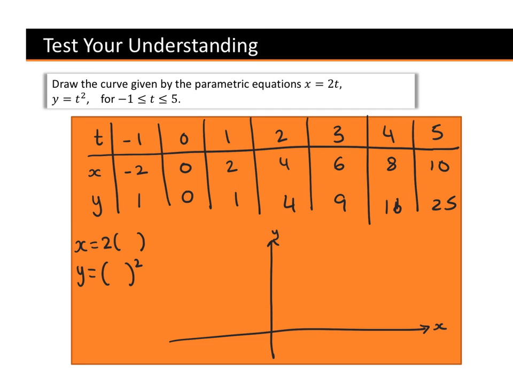And then if I was to sketch this, if I think about it, so I've got 0, 0, minus 2, 1, 2, 1, 4, 4, 9, 6, 16, 8, 10. No, I've done this wrong. Right. 0, 2. It's 2, 1.